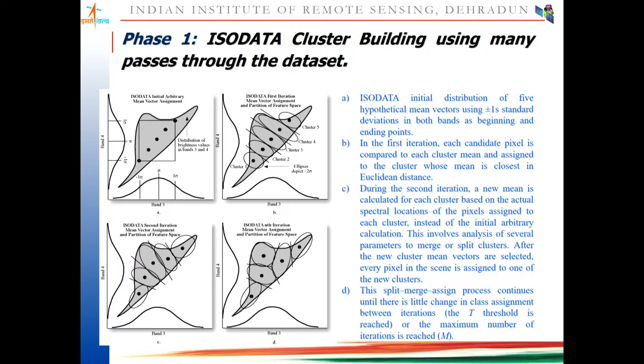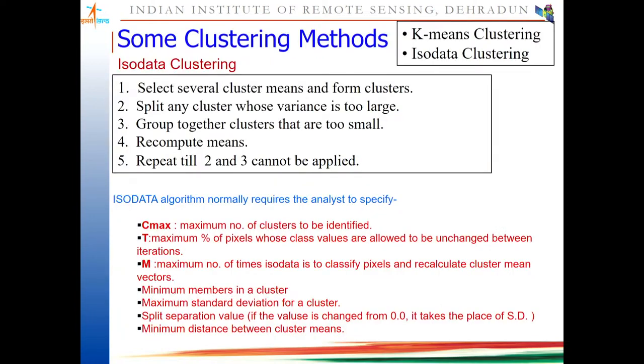Now, this split, merge, assign process continues until there is very, very little change in the class assignment between the iterations. That is, the threshold T that has been used is reached, or the maximum number of iterations has been reached. If you remember, we had selected all these parameters initially.